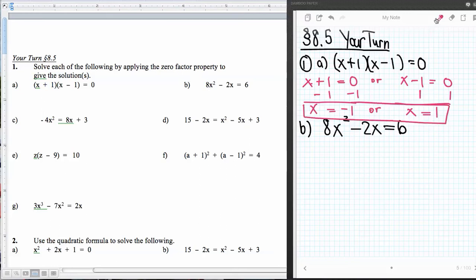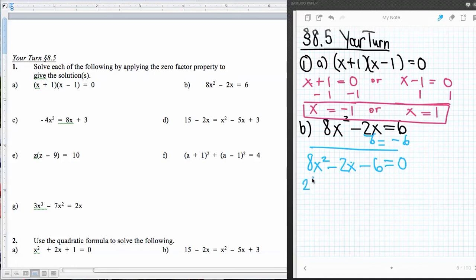Now on the next problem, we're looking at an equation that's not in standard form. So the first thing I'm going to do is bring the -6 over to the left side so that it's in standard form. So I have 8x squared minus 2x minus 6. Now the next thing that I'm going to look at is that these all have a 2 in common.